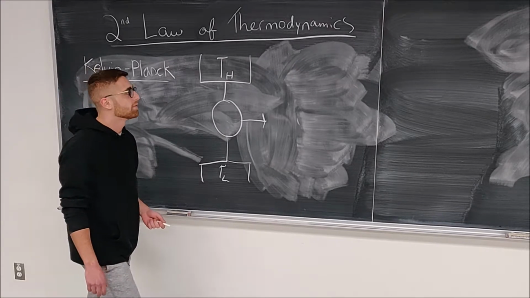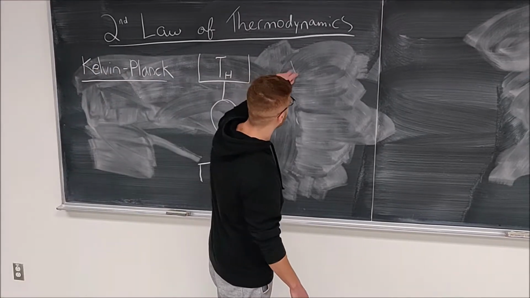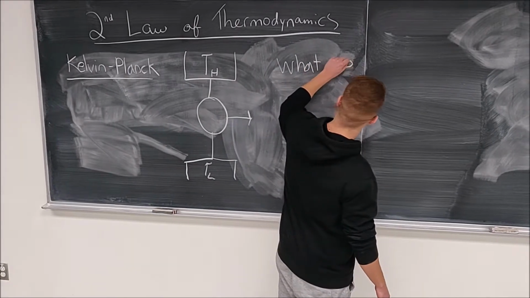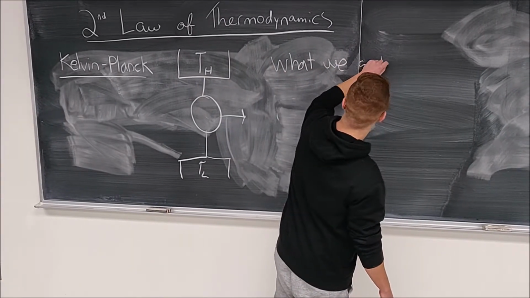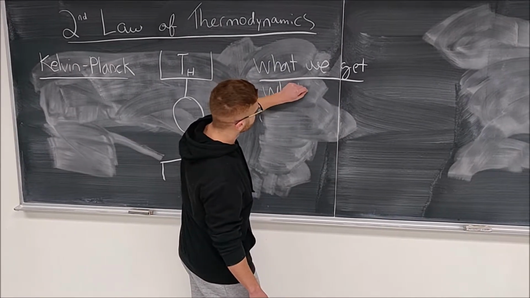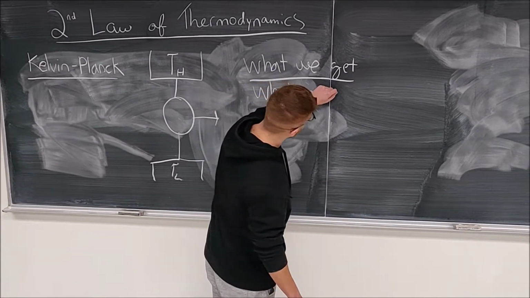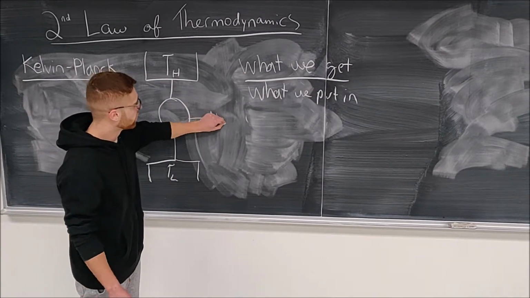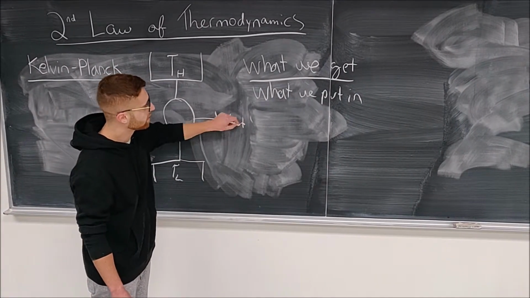We can also calculate the efficiency of this cycle by calculating what we get over what we put into the system. Which in this case is going to be, we are getting a work out and we're putting in a Q in.